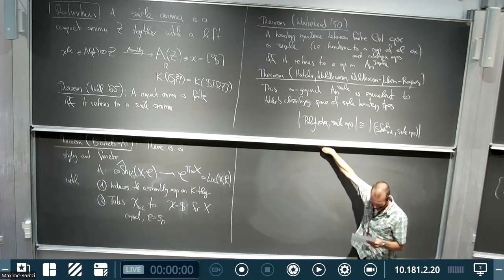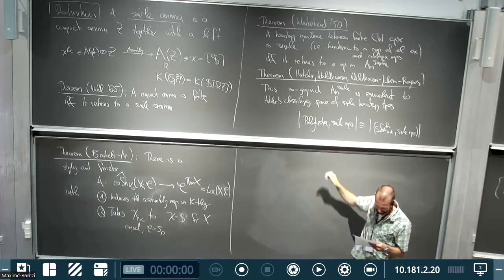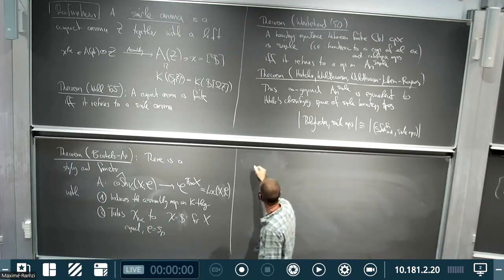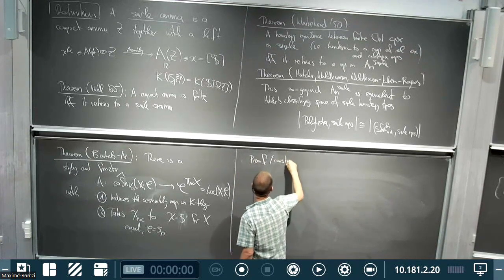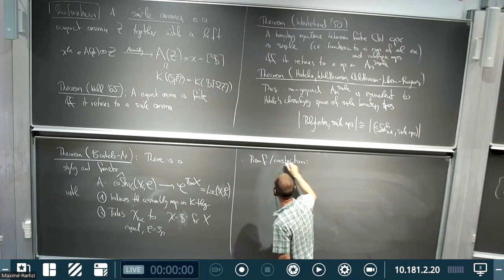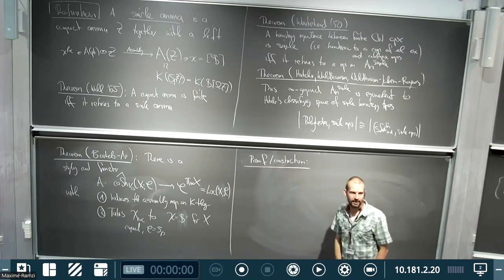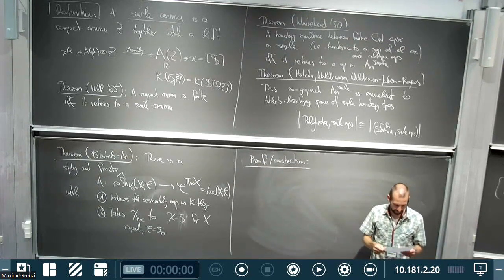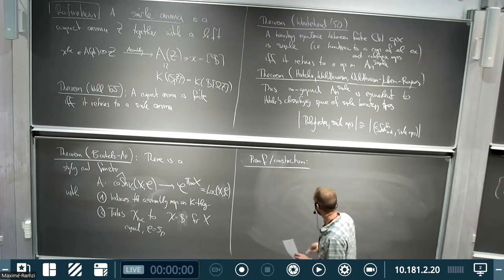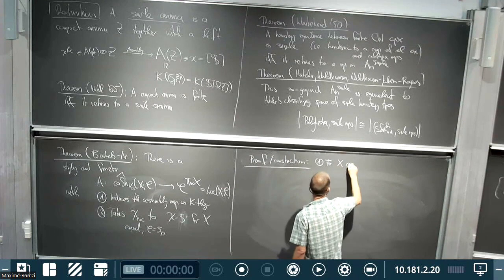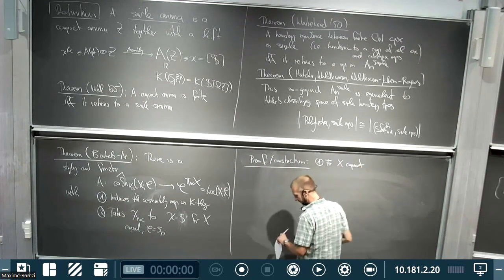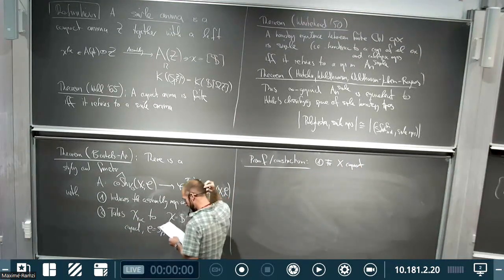Okay, so let me indicate how to do this. Proof, or construction. In some sense, this is really a construction rather than a theorem. Write down this functor and then it does what you claim it does. And I do it for X compact. So what am I doing?